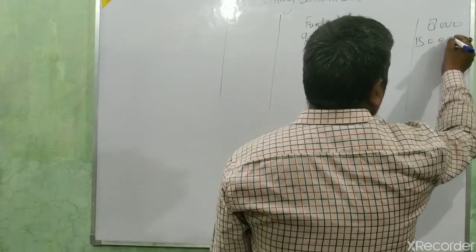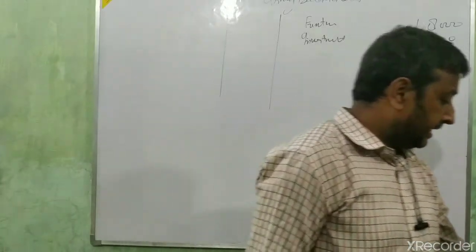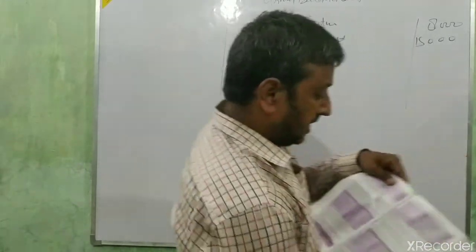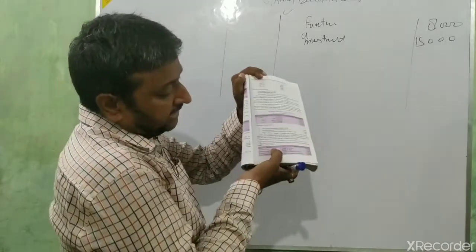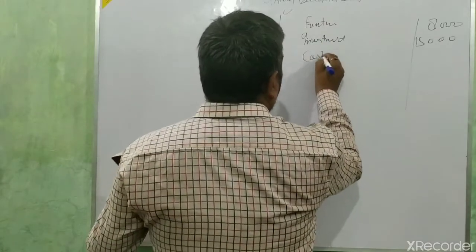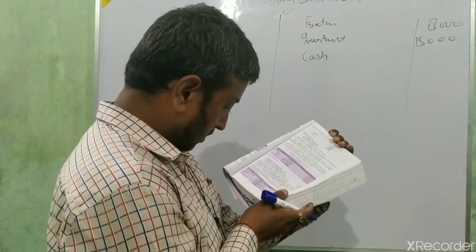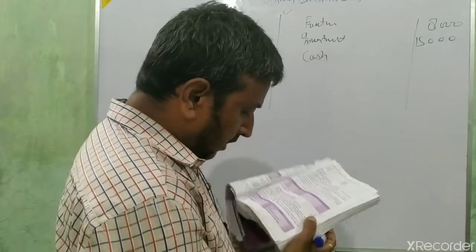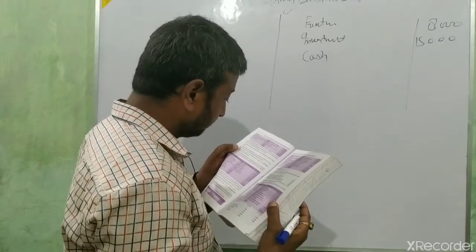And the opening balance that is given in this question is like cash, and the cash amount is 4,800.